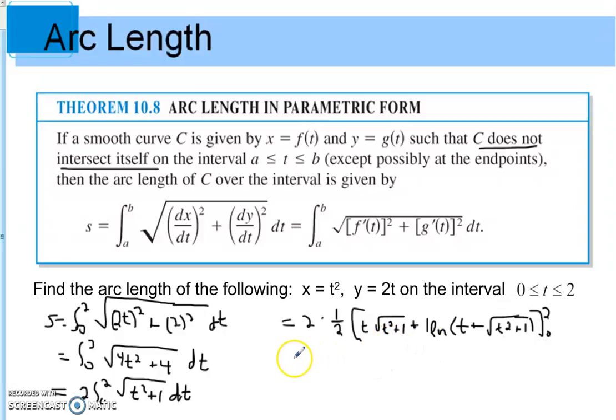And if I go ahead and put those numbers in, 2 times 1/2 obviously is 1. Putting in the 2, I get 2 times the square root of 5 plus the natural log of 2 plus the square root of 5.